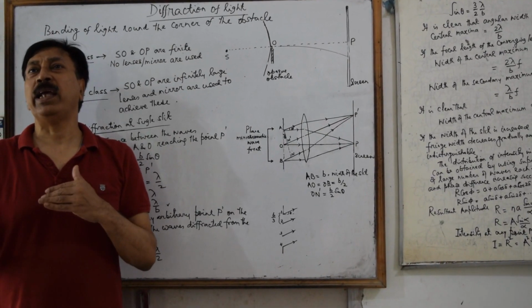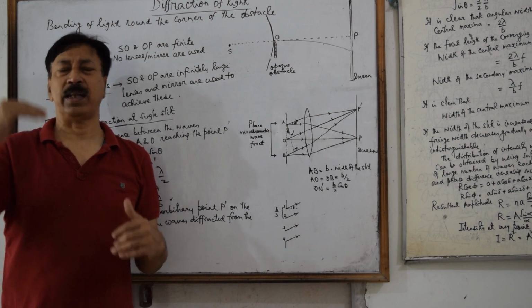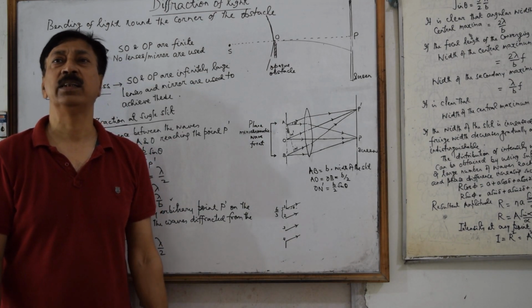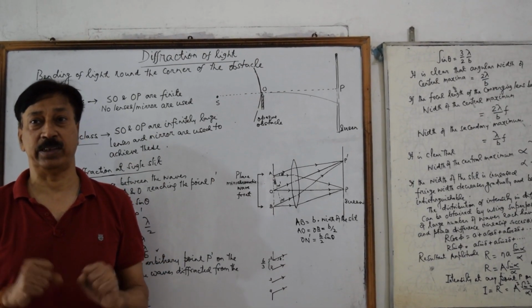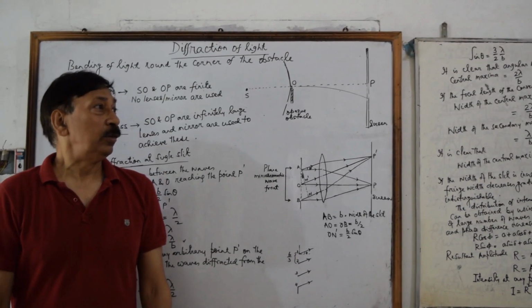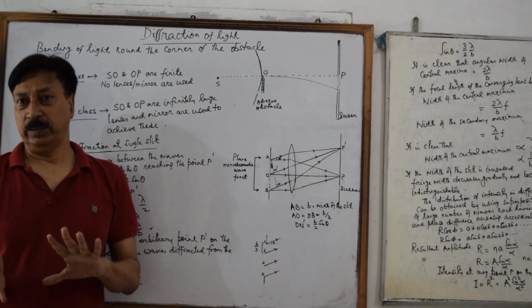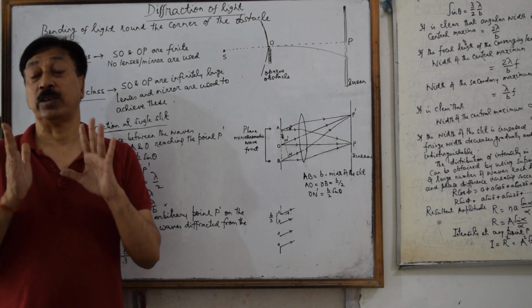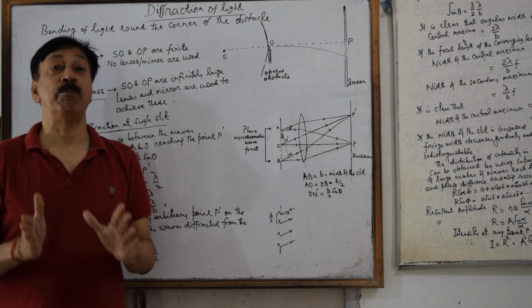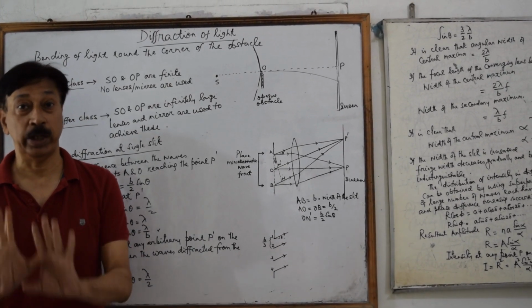The crystal planes of a crystal, which have the same interplanar spacing, do show the diffraction of X-rays. So, the primary condition for this phenomena to take place is that the dimension or the size of the obstacle should be comparable to the wavelength of the wave undergoing diffraction.